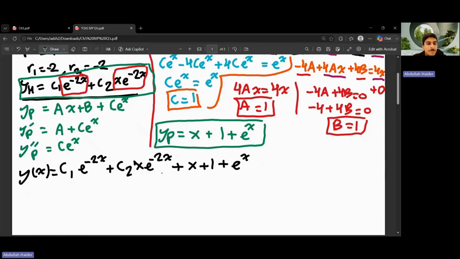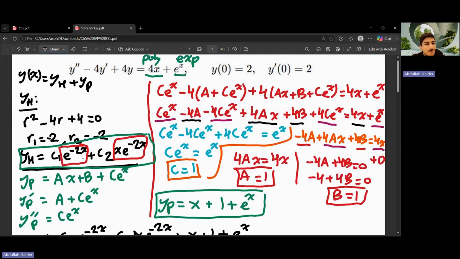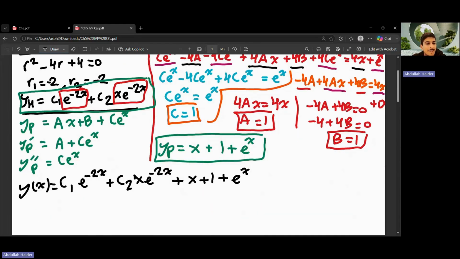These first two terms are yh, and these three terms are your yp. So an important thing to know is that when you're substituting this unknown yp in the main equation, you're supposed to get a, b, and c. The purpose of the initial conditions right now is to get C1 and C2.